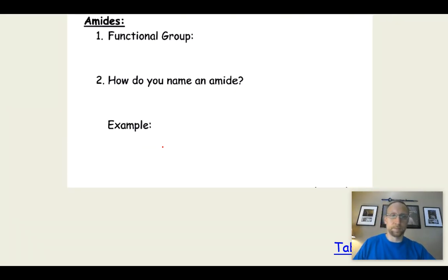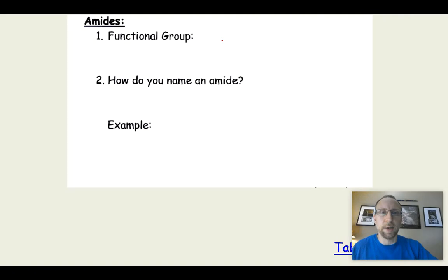So next up, the amides. So amides are kind of like an amine and a ketone combined. So we get a C, and then we have an N. So amides are an amine with a carbonyl group in them.